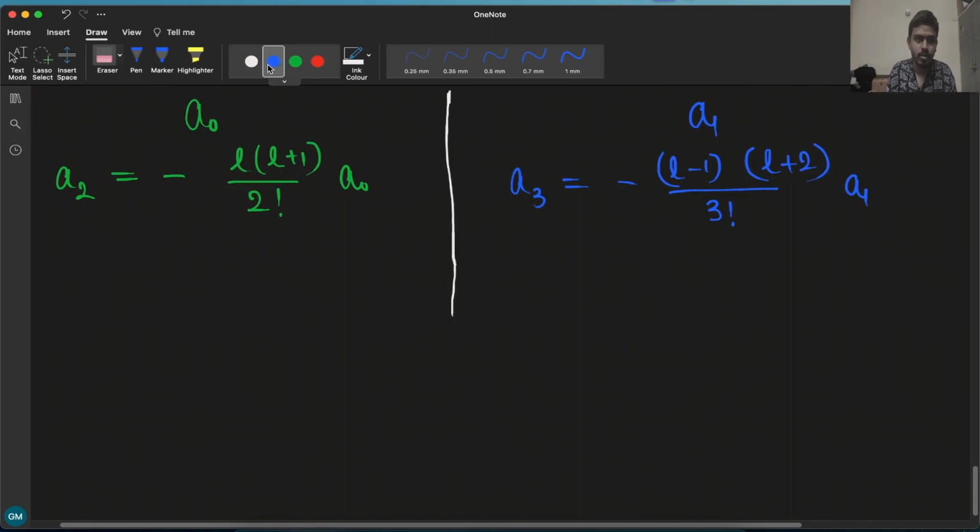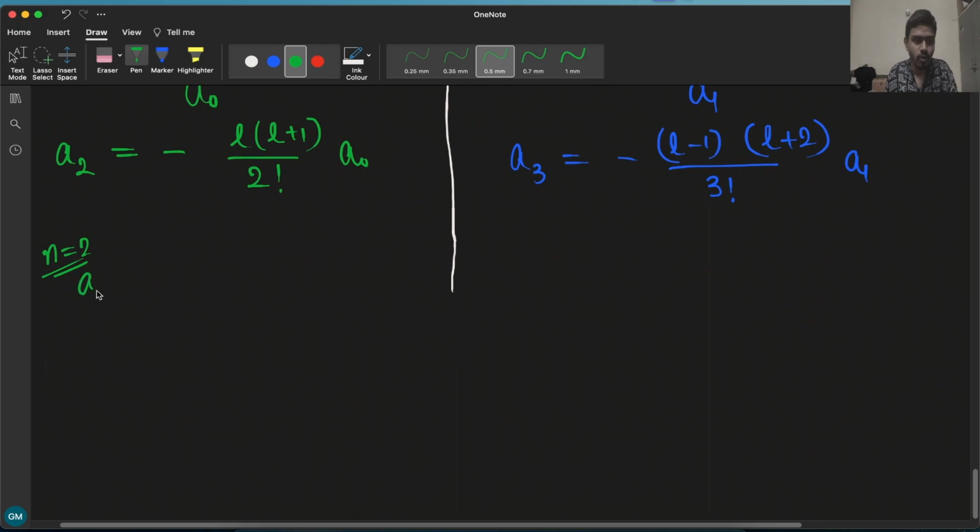So if I put n equals to 2 in this recurrence relation, I will get a4.